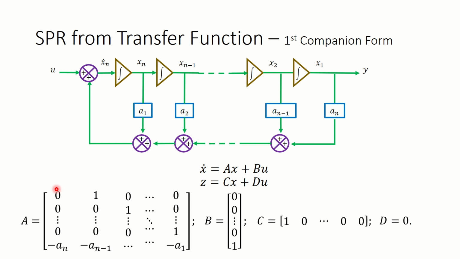So chain of integrators means the A matrix will take this form. What is the form? The first row will be 0 1 0 0 0 0, the second will be 0 0 1 0 0 0 0, like this. The n minus 1th row will be 0 0 0 0 with the final element being 1, and the nth row, the last row, will only have the coefficients, not any other rows.